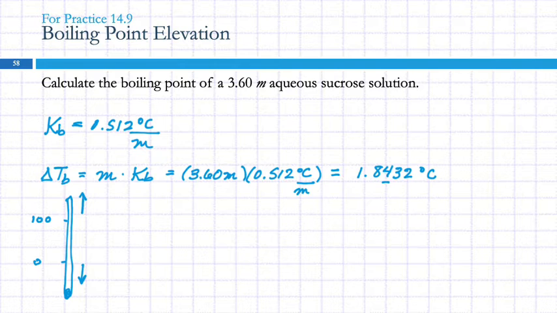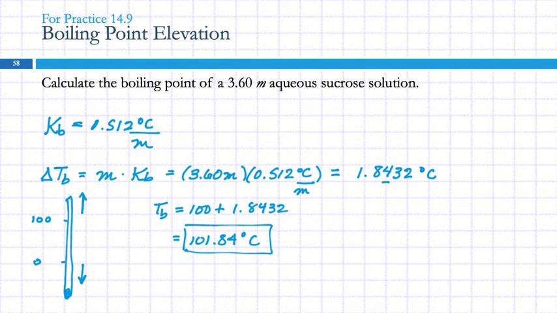They move away from each other. So this is how much the boiling point increases, right? So the new boiling point then is 100 plus that, or 101.84 degrees Celsius.